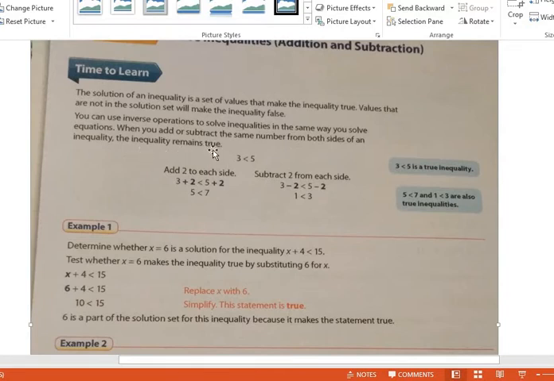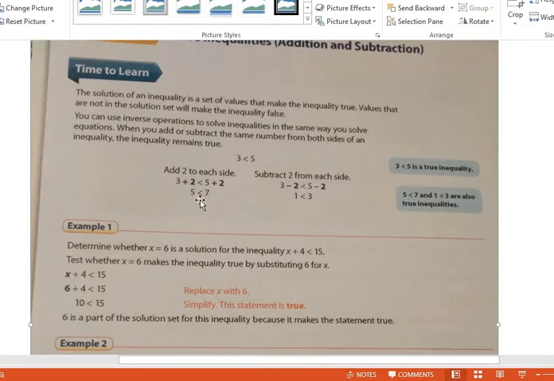So here, what should we do? I have an inequality, 3 less than 5. 3 less than 5 is a true inequality. Add 2 to each side: 3 plus 2 is 5, and 5 plus 2 is 7.